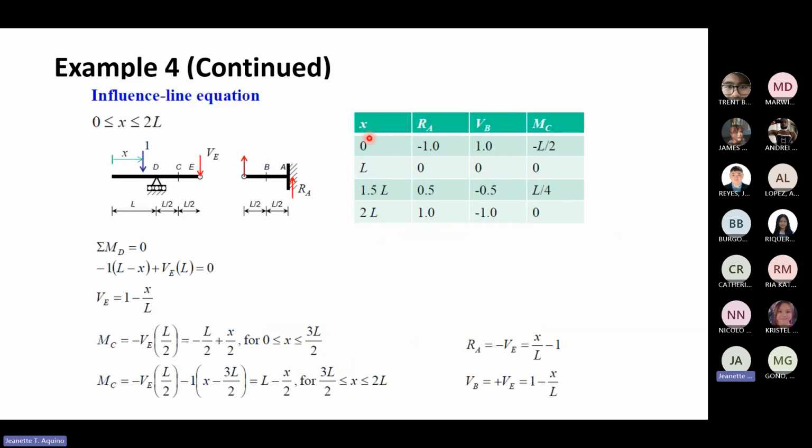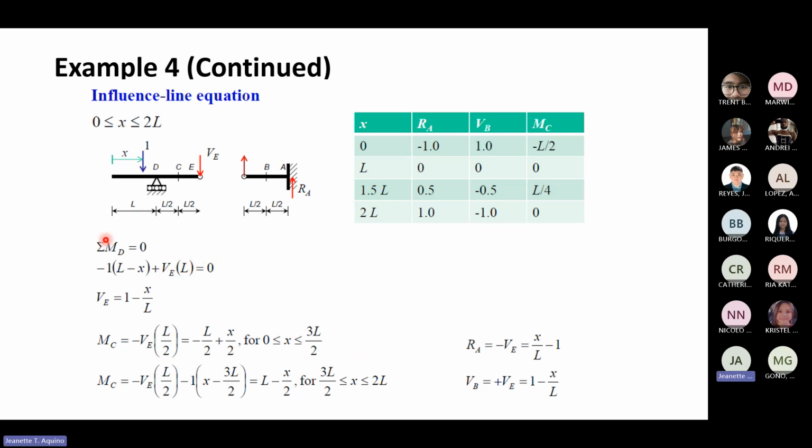So now we use the influence line equation. We put the load at the X location and then solve for VE and for the equations for the moment.